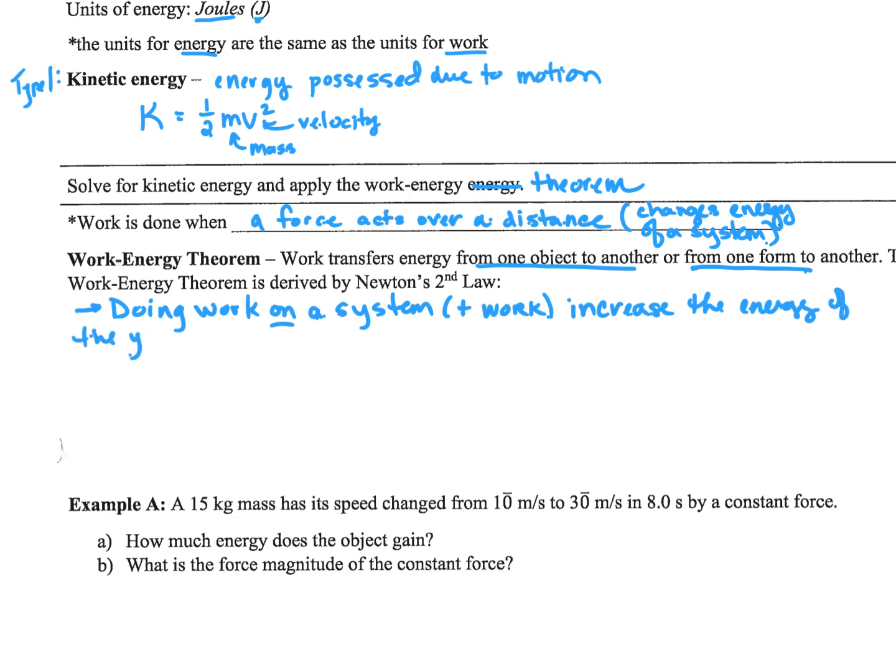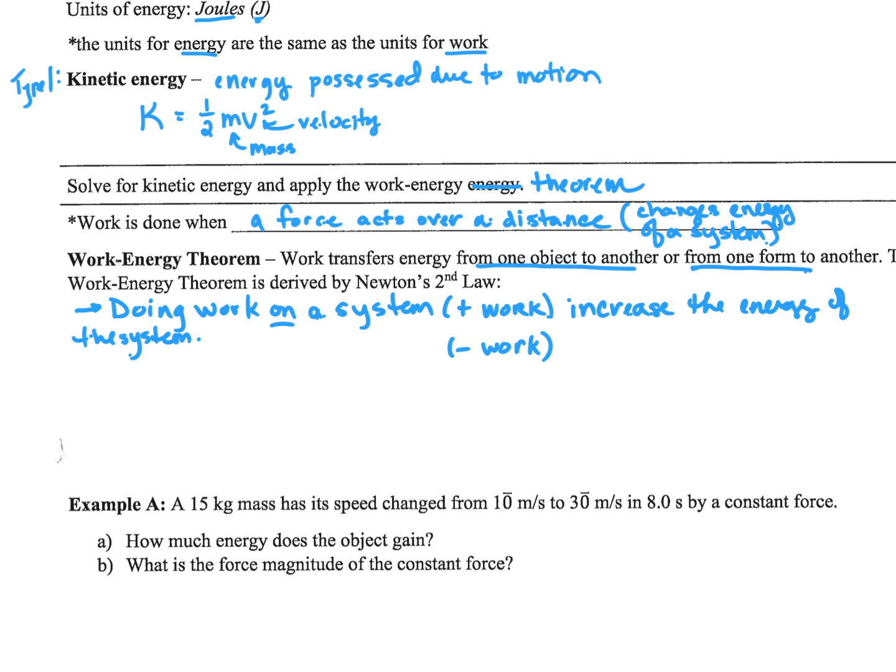Now, if you do negative work on a system, what would the difference between negative work and positive work be? With negative work, think about something sliding across the room and we want to slow it down. We push back against it, or it experiences something like friction.